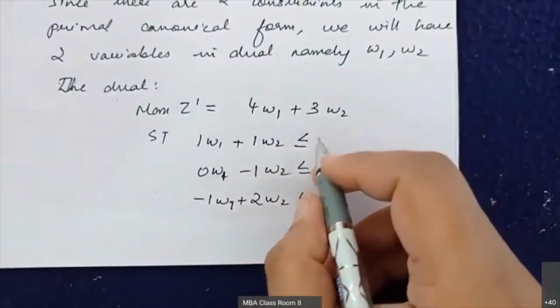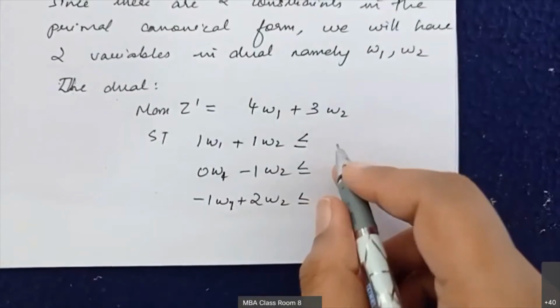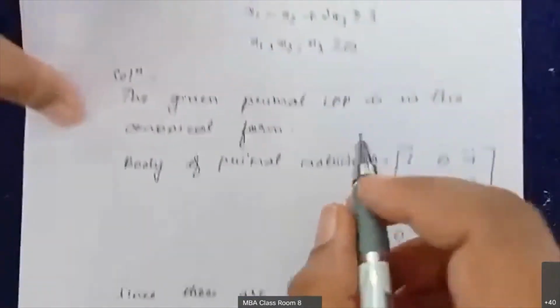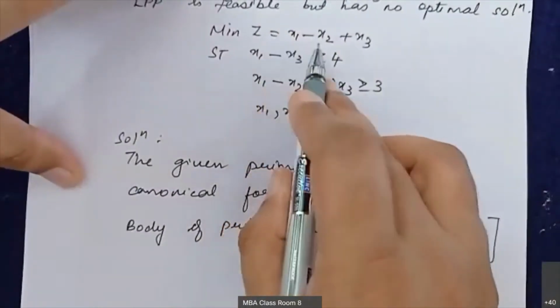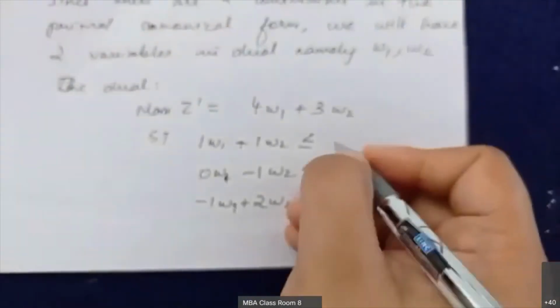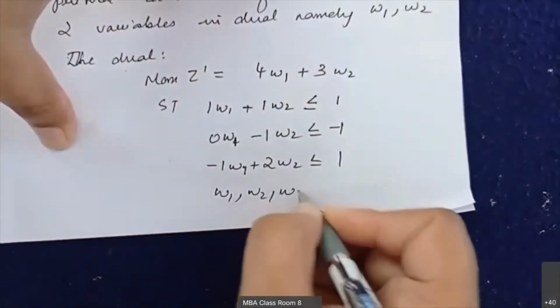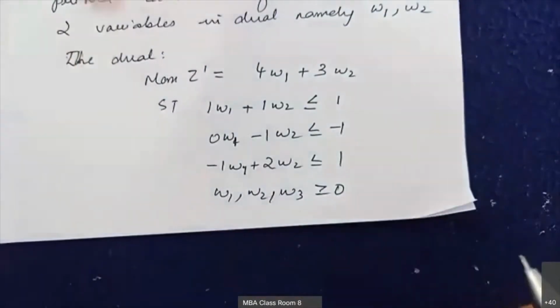Okay, now we have to find the right hand side of the constraints. Right hand side of the constraints will be the coefficients in the objective function of the primal. Here we have 1, -1, and 1. Okay, so 1, -1, 1. Okay, finally the non-negativity constraints W1, W2, W3 all are greater than or equal to 0.